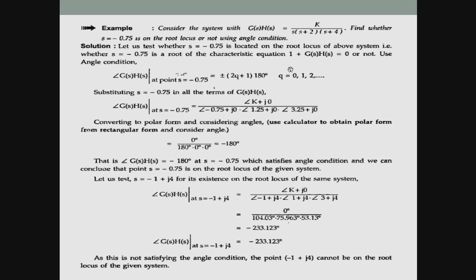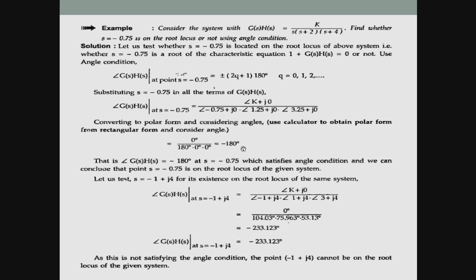So what do you get here? Just try to check it out. For this the angle would be 0, for this the angle would be 180 degrees, for this angle would be 0, and this would be 0.